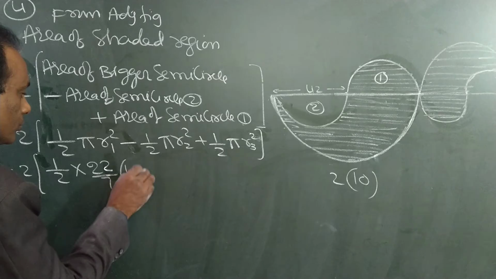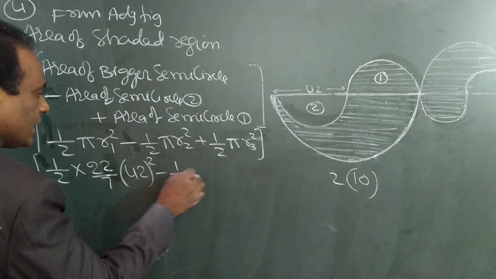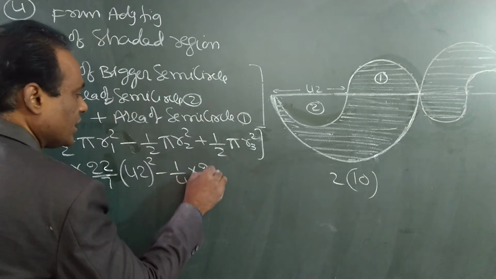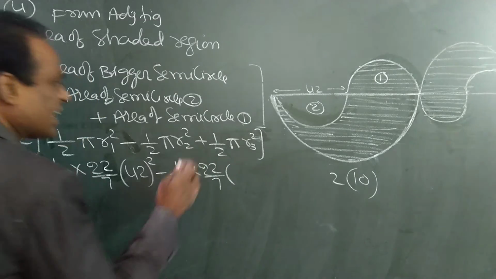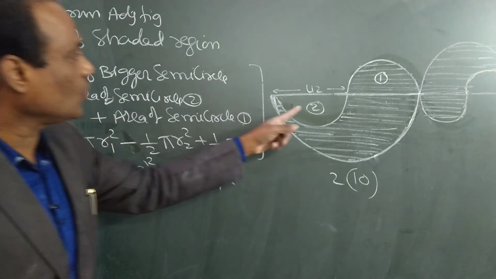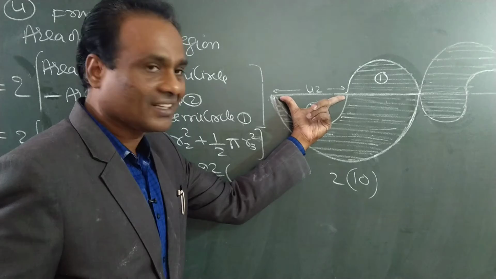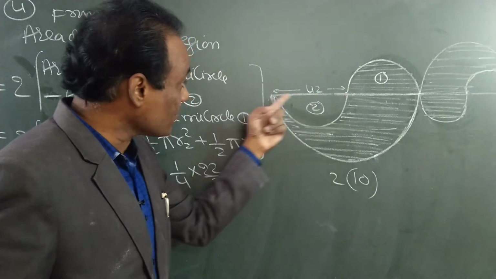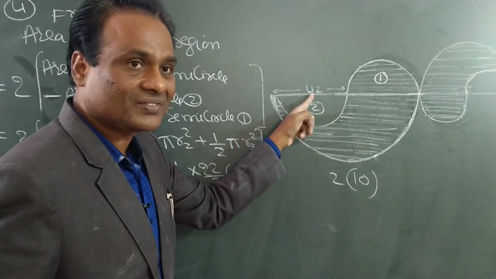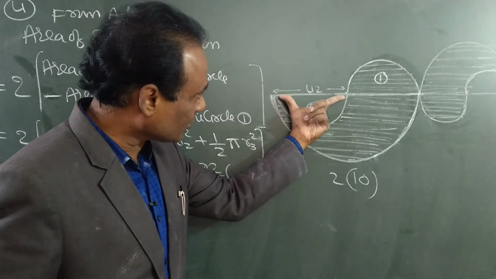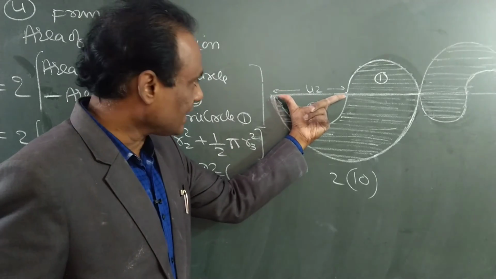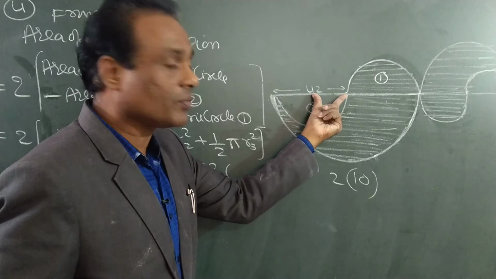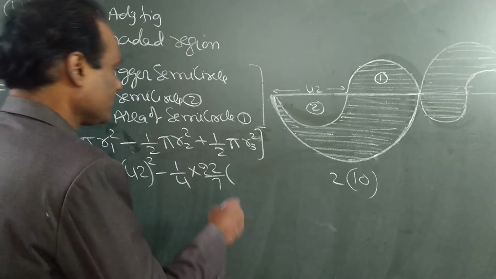So 42 whole square, minus 1 by 4, pi is 22 by 7. R is what? Semicircle 2. What is the radius of this semicircle? This is the diameter. Diameter is 42, radius will be half, 21.